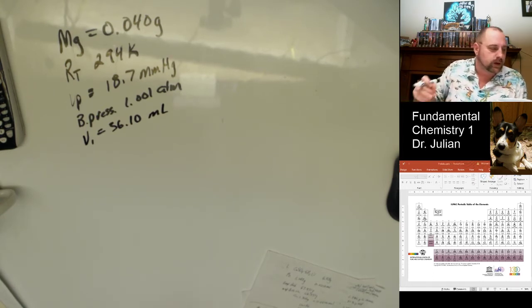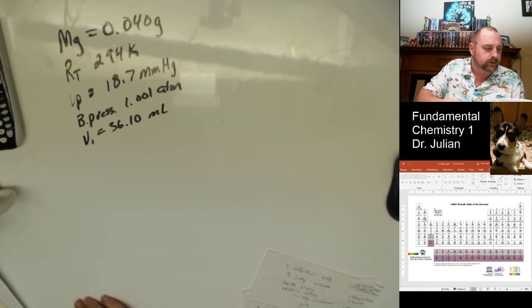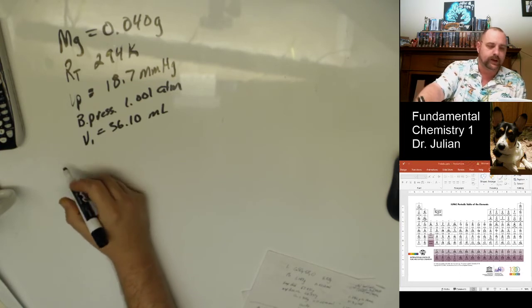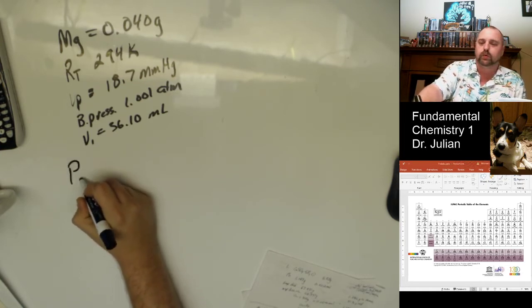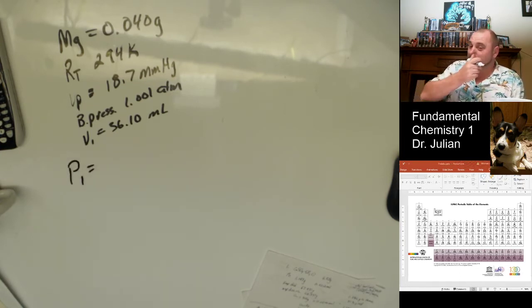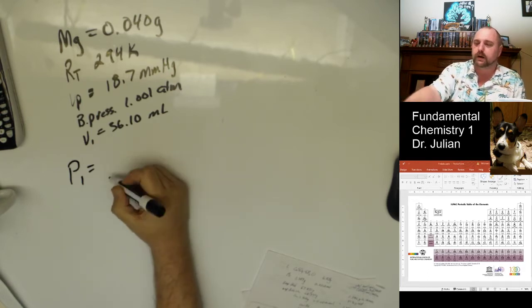All right, let's start with our calculations here. The only thing they didn't give us was the pressure of dry H2, and that's our P1. We had to use Dalton's law of partial pressures.